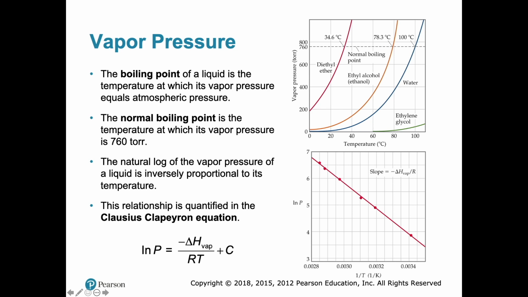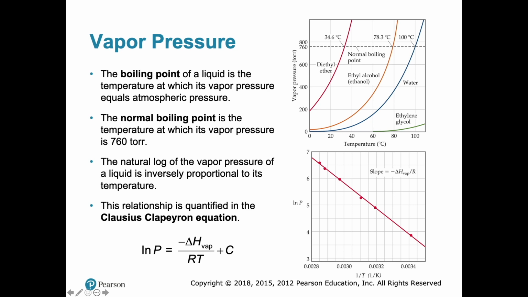And then the normal boiling point is at a pressure of 760 torr, which is just atmospheric pressure here. This is what we are sitting at, 760 torr right now, which I believe is also the same thing as 760 millimeters of mercury, but it's also the same thing as 1 atm, 1 atmosphere, okay?